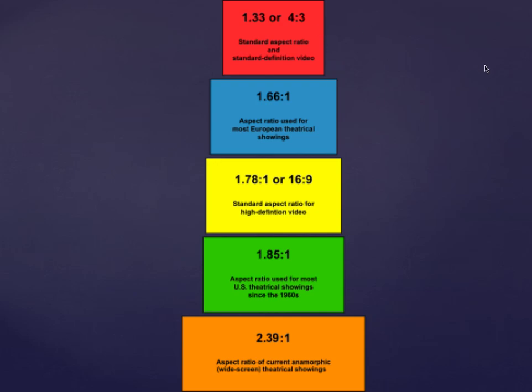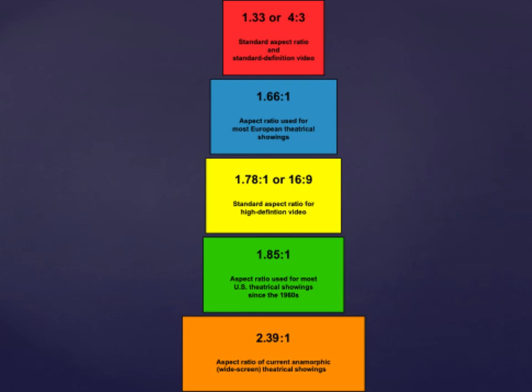Or 4 by 3 would be the other way of putting it. Most movies today are, well, first off, our flat screen TVs are like this, and our computer screens are like this. Slightly wider are most movies, the vast majority of U.S. theatrical showings since the 1950s, 1.85 by 1.